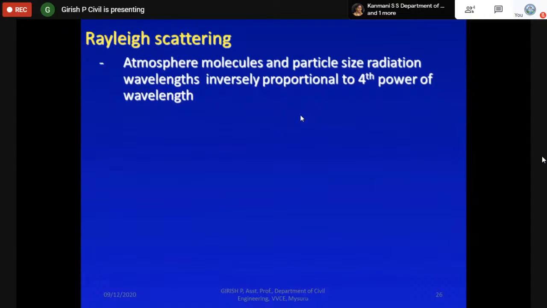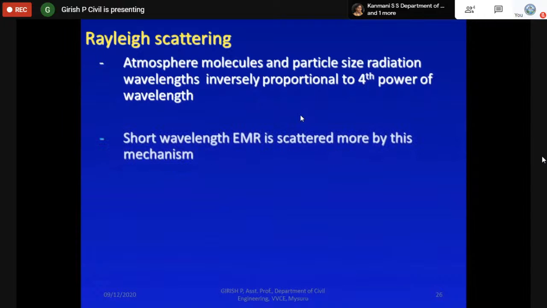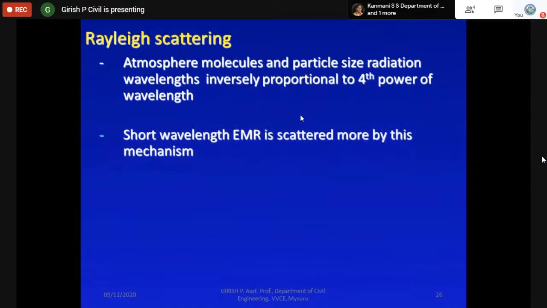Rayleigh scattering occurs with atmospheric molecules and particles much smaller than the radiation wavelength, and the scattering is inversely proportional to the fourth power of wavelength. Such interacting waves are called Rayleigh scattering. The shorter wavelength electromagnetic radiation is scattered more by this mechanism.